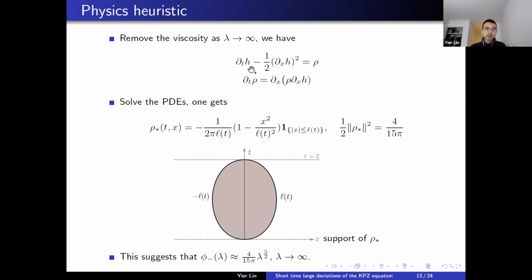In the case of KPZ starting from narrow wedge or from flat initial condition, you can find one solution, this rho star, which becomes the input of our rigorous proof. Presumably if you can find other rho star, if you start from other kinds of initial condition, this method of proof should also work. But I'm not sure you can find this rho star for a general class of initial condition.